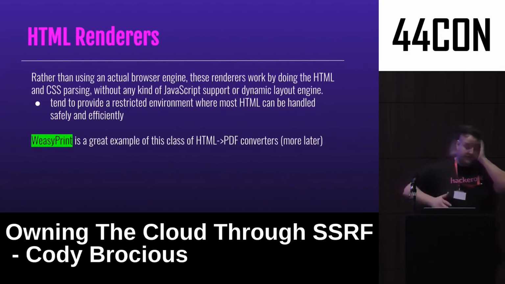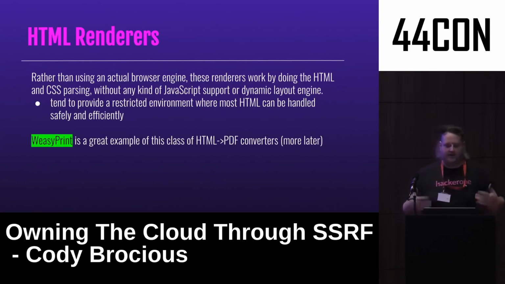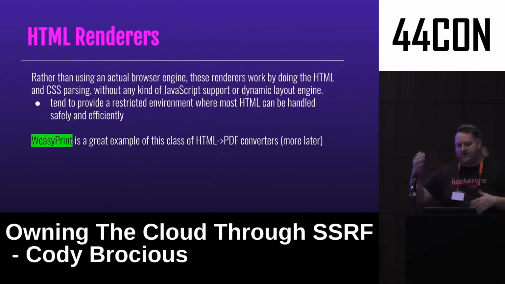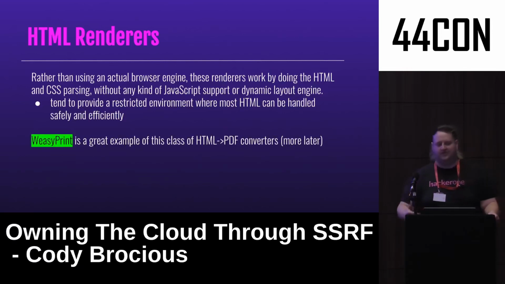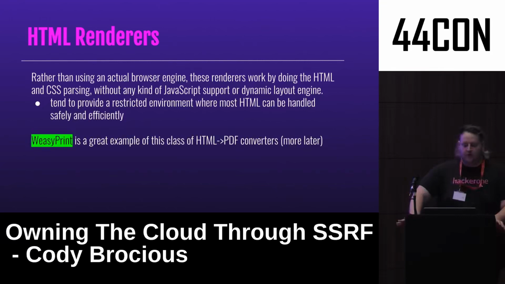The other option for doing PDF generation these days, because nobody wants to generate PDFs directly, it's hard. You have to duplicate all of your style work. You're going to end up creating entirely new templates just to create PDFs rather than using the HTML and CSS that you've already generated. So one of the other options here is to use an HTML renderer. Things like WeasyPrint are common ones.